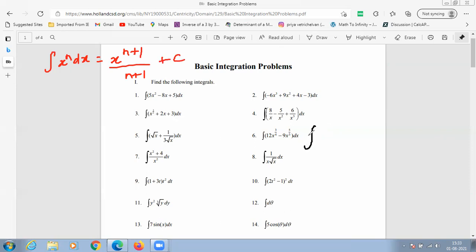So the question number 6. You can take the 12 outside. It's 12 integral x power 3 by 4 minus 9 into integral x power 5 by 3.